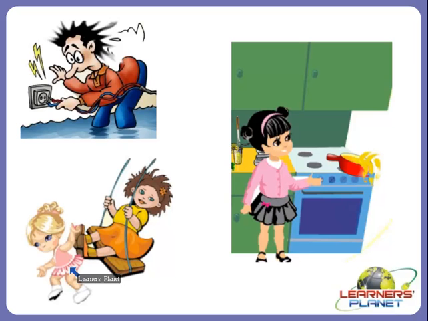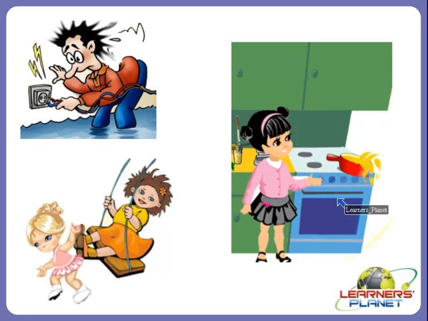So this is also not good. We should take care while swinging that no boy or girl stands in front of the swing. Always wait for your turn on the swing.